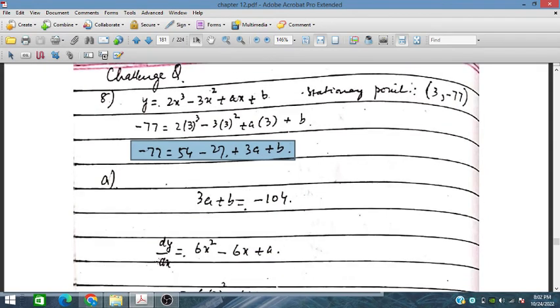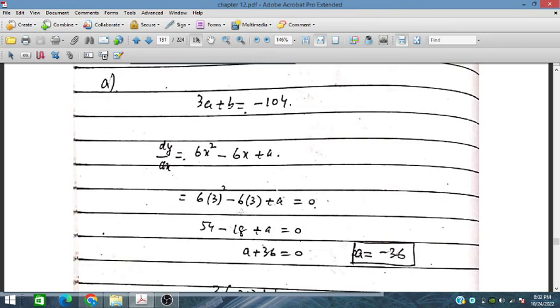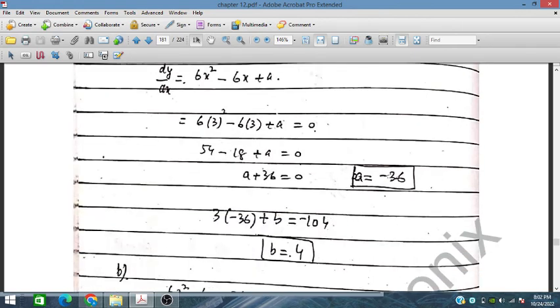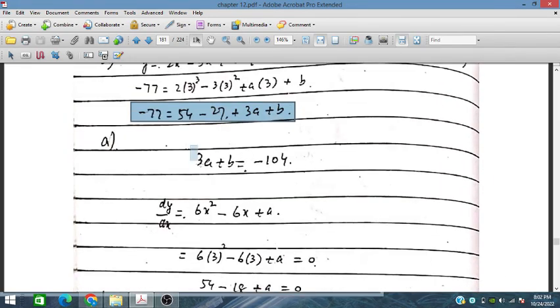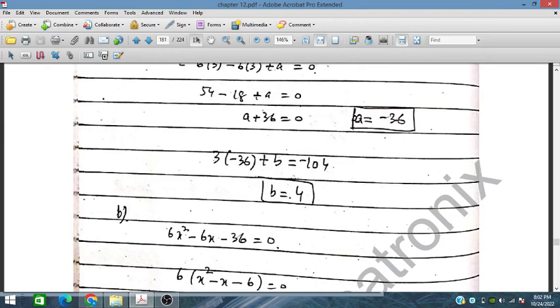So we take dy by dx is equal to this, and then equal to 0. So this gives us a is equal to -6. Then by placing a is equal to -6 in this equation, we get the b value. So b is 4. So a is equal to -6 and b is equal to 4, like the earlier problems.